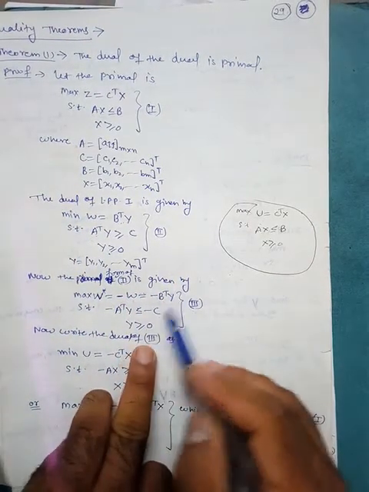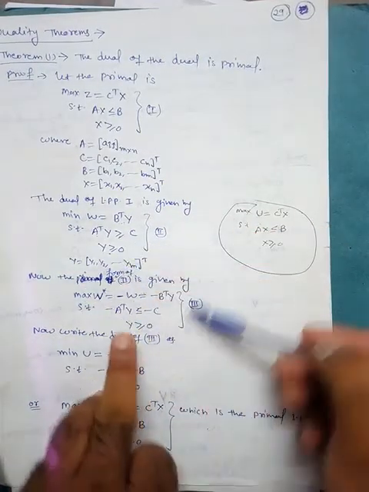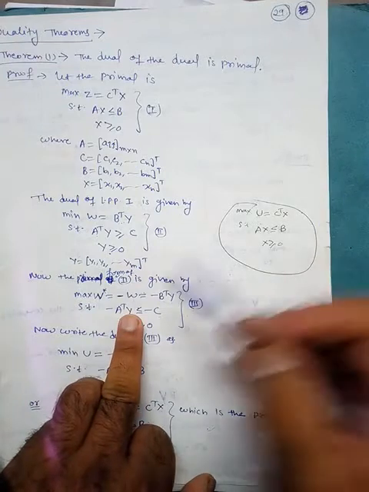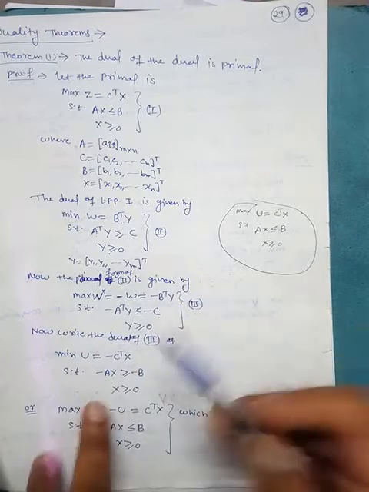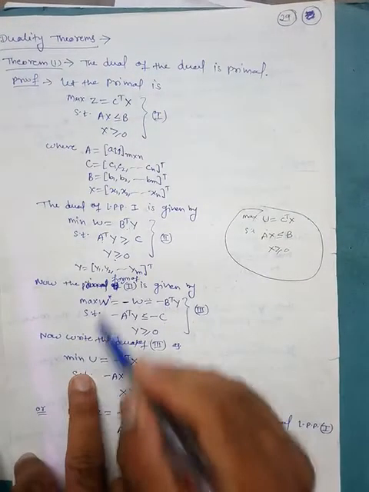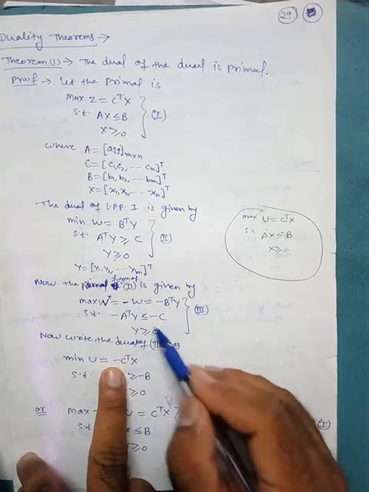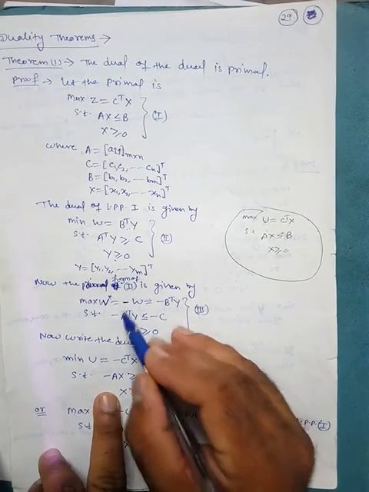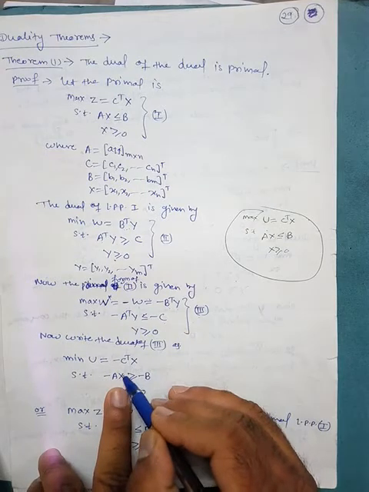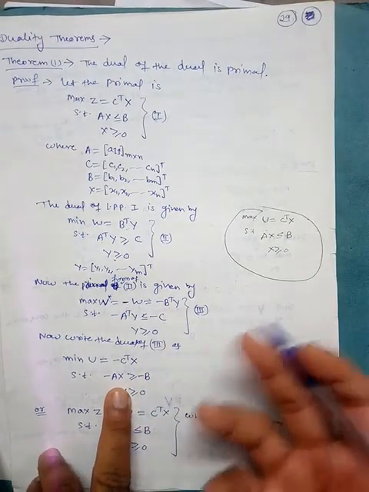Now construct the dual of this, because we made the dual from the primal, and from the dual we have only changed its form, we have not done anything else. Now construct the dual of this revised problem. So now again use this table, and then we will get minimum from maximization. Minimum of u is equal to minus the transpose of this quantity, so minus c transpose x, subject to the transpose of this quantity, which will be minus A. x is a new variable, you may take z also, because this is nothing but a variable.